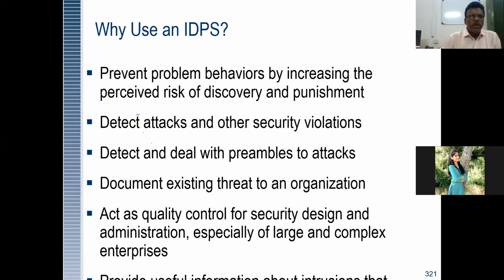If any problems increase, then the chances of risk increase, and we have to deal with them through prevention. One way is to detect attacks and other security violations, identify the attacks, and limit them so they do not happen once again.